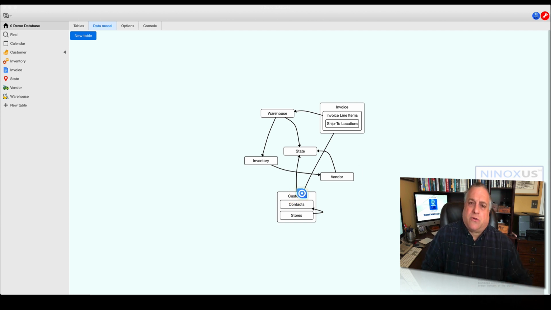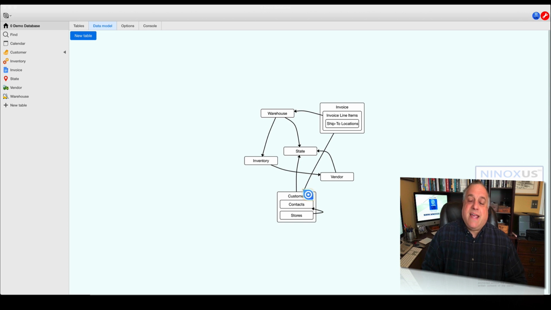Let's look at that in a little greater detail. If there were no invoice, there would be no invoice line item. This invoice line item or child table requires there to be a parent invoice before any content can exist. Without the parent invoice, there would be no children or child line items.